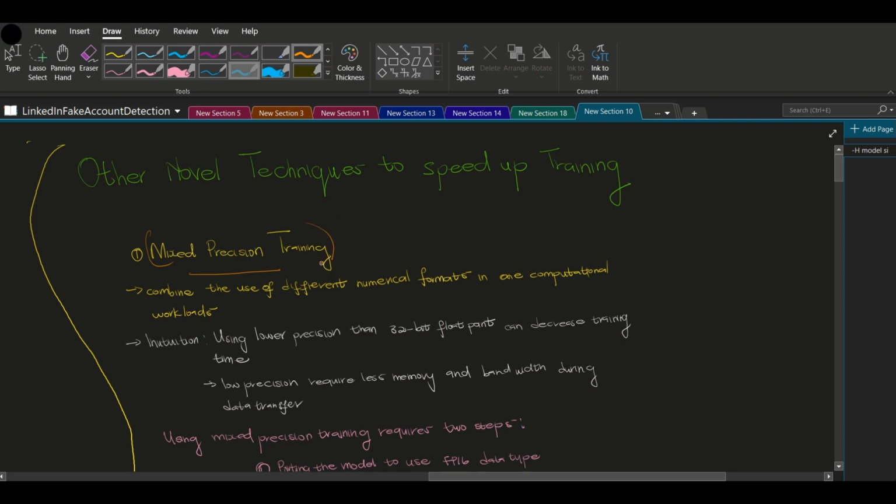Usually these models use 32-bit floating point, so we decrease it roughly to 16. Using 16 bits is faster and can reduce the network bandwidth. This is what we call mixed precision training: essentially using different numerical formats in one computational workload, right?